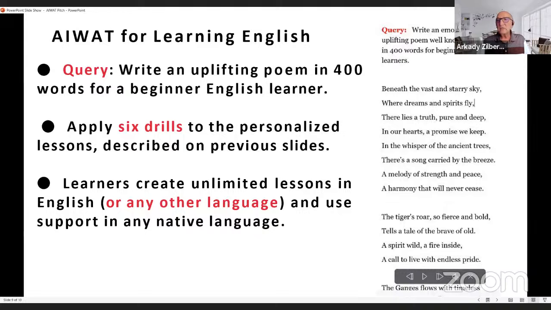To the right, you see the example of the poem created by this, but you should also understand that any query will produce personalized lessons according to your level, to the text of your query. And the query can be used to do even vocational training.